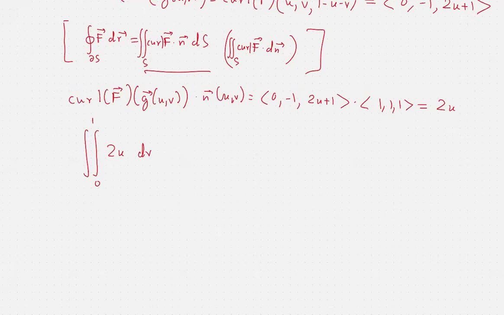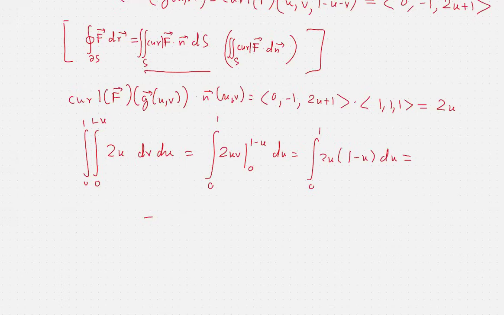So this gives us 2uv from 0 to 1 minus u, and then from 0 to 1 du. So this is the integral from 0 to 1 of 2u times (1 minus u) du, which is 2u minus 2u squared from 0 to 1 du.